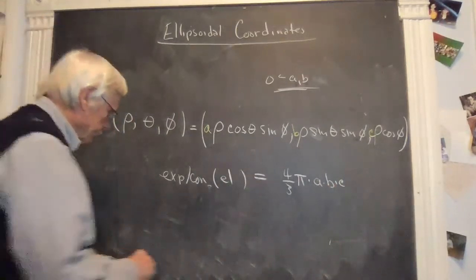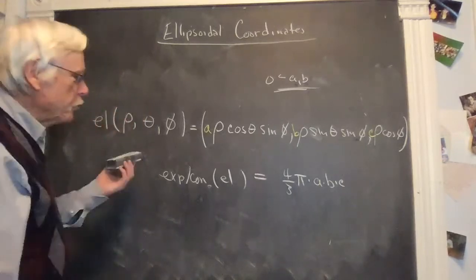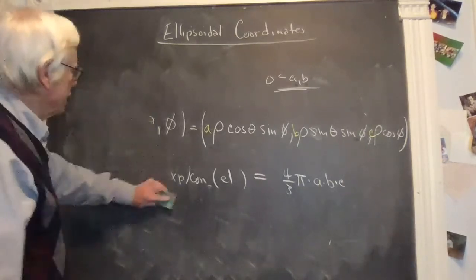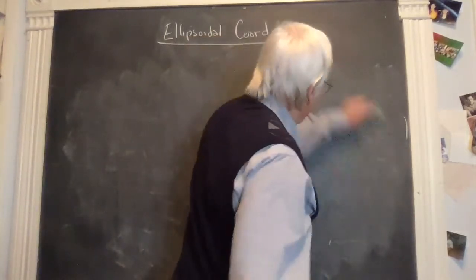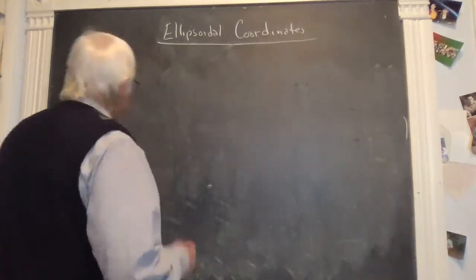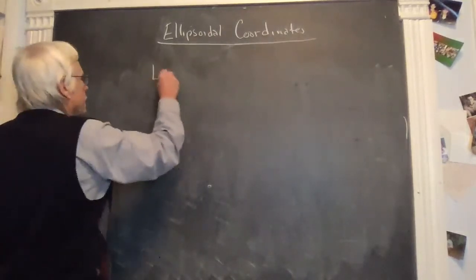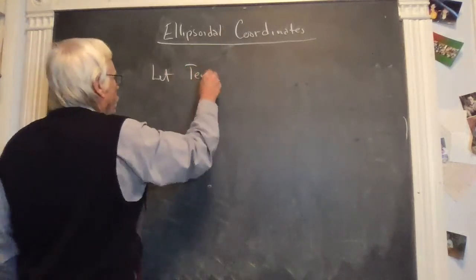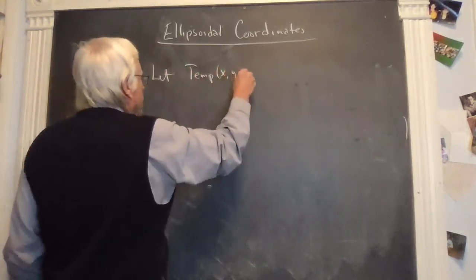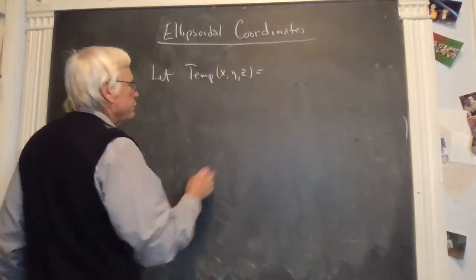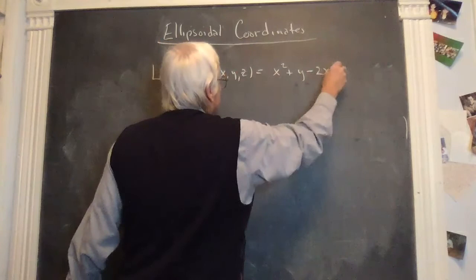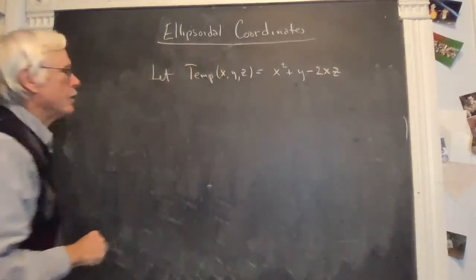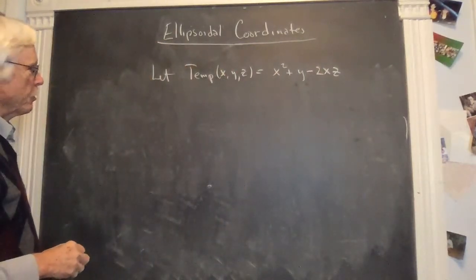So how do you use this stuff? Let's put up a function, and I won't do it completely, but I'll show how to do it. Let the temperature at any given point x, y, z be given by some formula. In a way, it doesn't matter what that formula is.